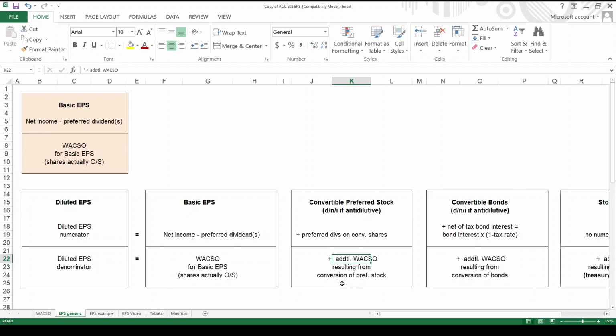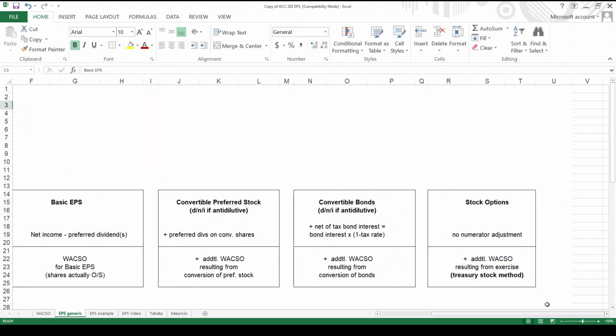So you would have an increase in your numerator, which would be equal to the absence of the preferred dividends, and you'd have an increase in the denominator, which would be the number of shares which would be issued upon conversion. Now, if we assume this happens, and in that calculation it results in a decrease in EPS, then we say we have a dilutive security, and we would include it in our calculation.